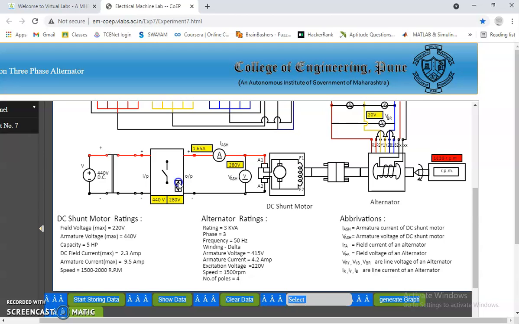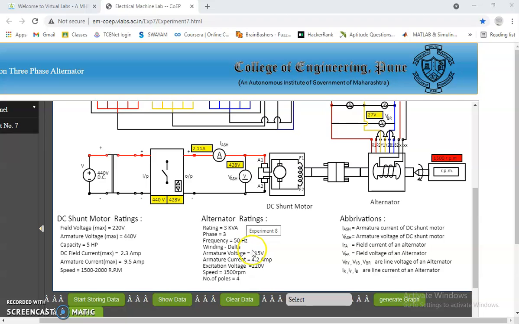We need to bring the alternator to its rated speed. Now it's nearly 1400 RPM. We need to bring it to 1500 RPM. Okay, yes, it's now 1500 RPM.